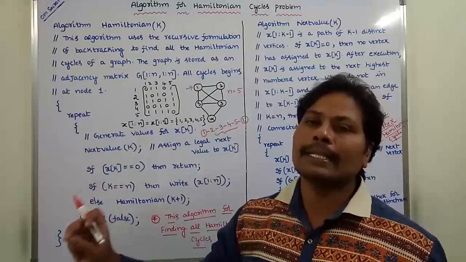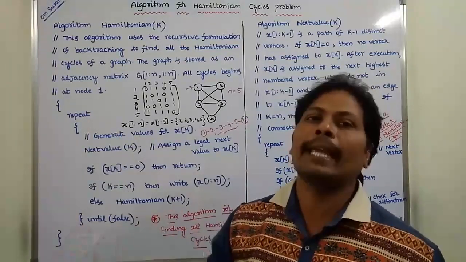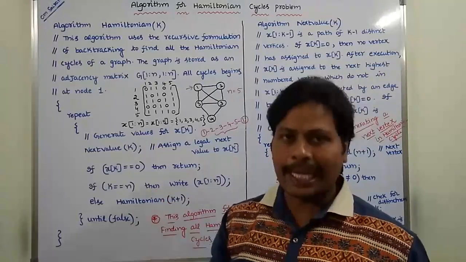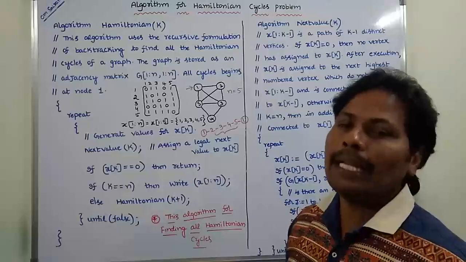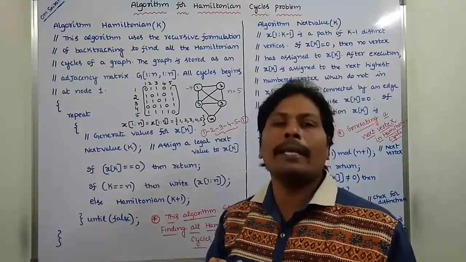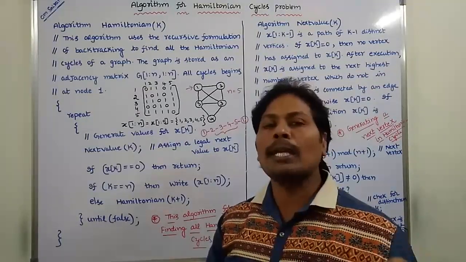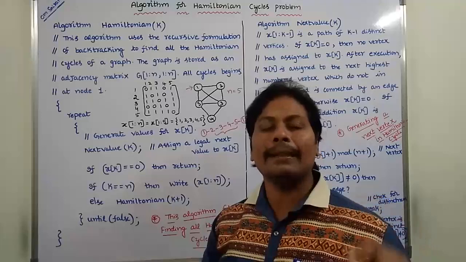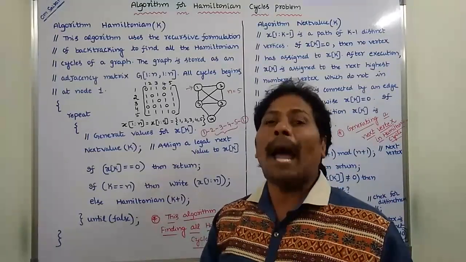To access each and every vertex in the Hamiltonian cycle, we need an index, and that index is represented by capital K.